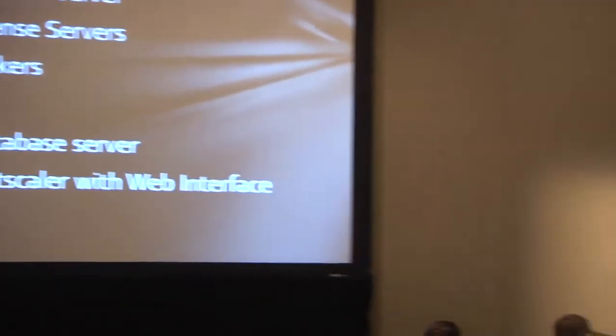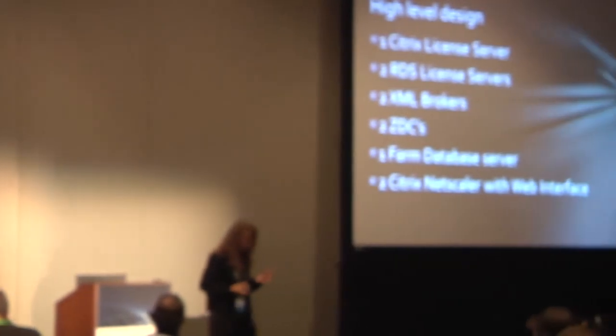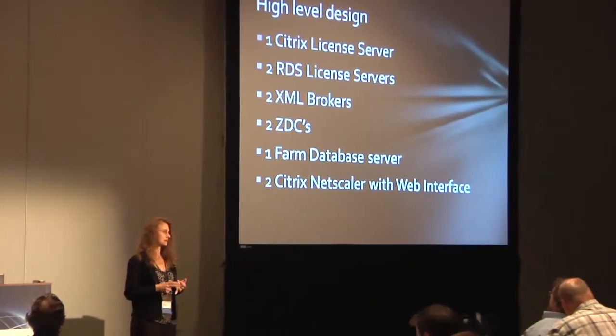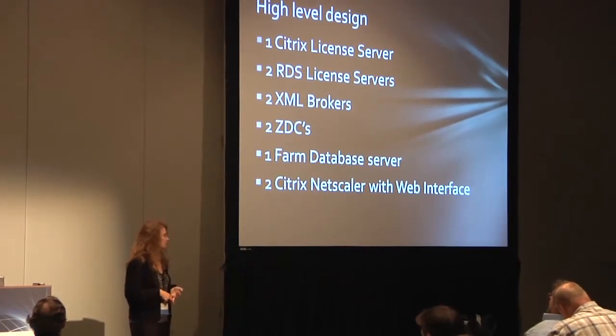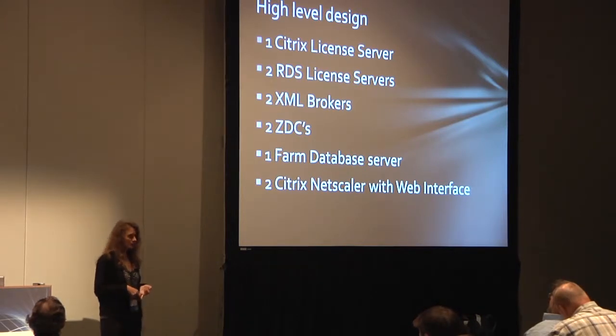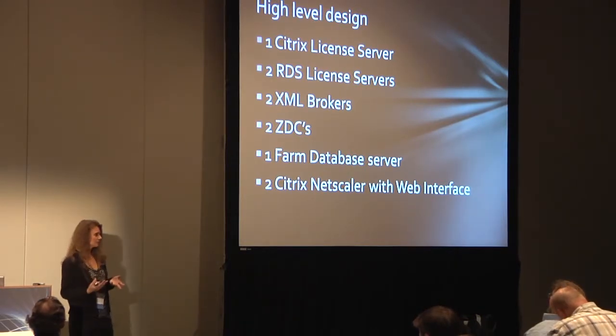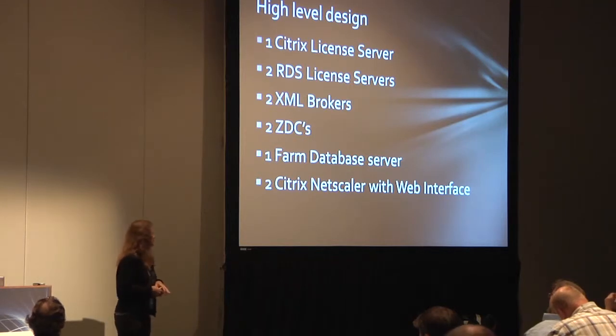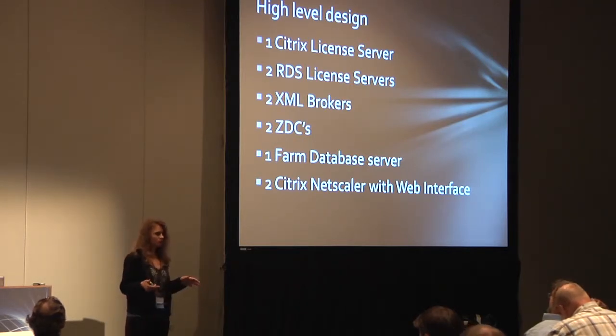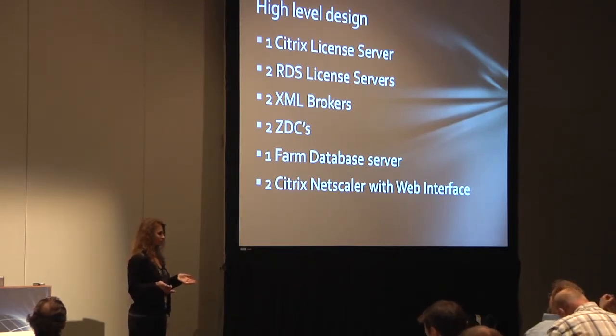And then the very last one, our Citrix NetScaler. Actually, 2 Citrix NetScalers. They're 7500s, active passive. We were an early adopter, and we have web interface on NetScaler. Industry norm would not be to do that anymore.